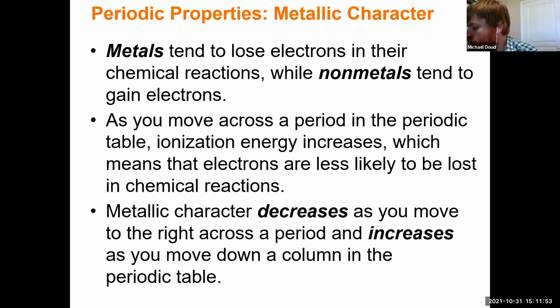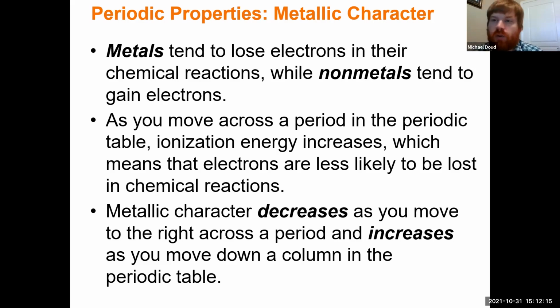We can see this in, for example, the second period. We start with the metals lithium and beryllium on the left, and we end up in the nonmetals nitrogen, oxygen, and fluorine on the right. So clearly metallic character is decreasing as we go to the right. Then look at, for example, group 4A.